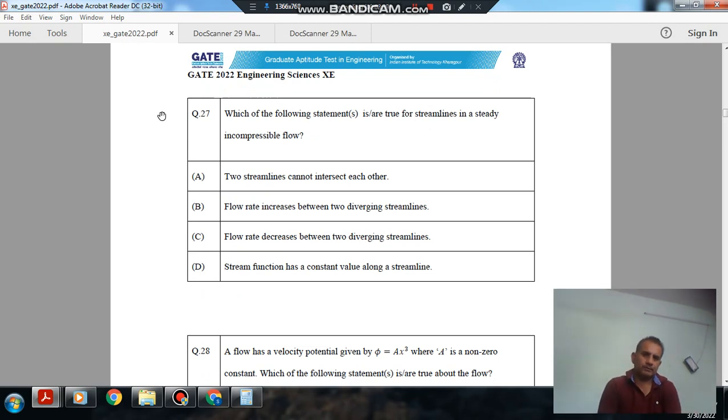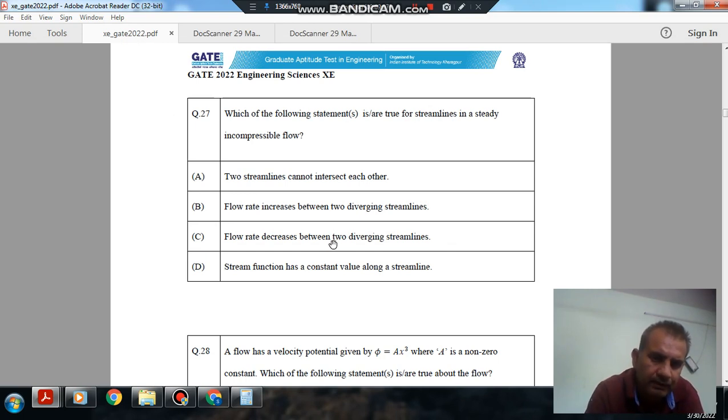Next, which of the following statements are true for streamlines in a steady incompressible flow? A, two streamlines cannot intersect each other. B, flow rate increases between two diverging streamlines. C, flow rate decreases between two diverging streamlines.